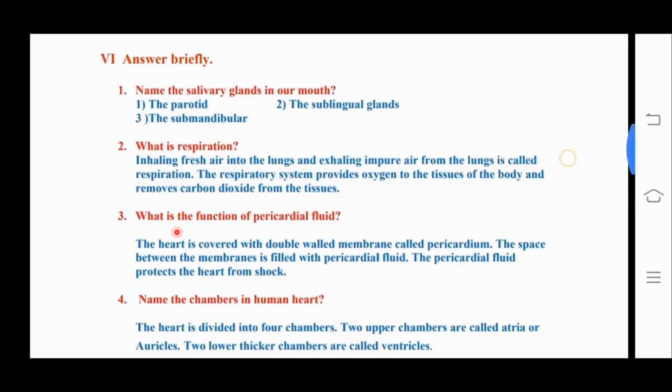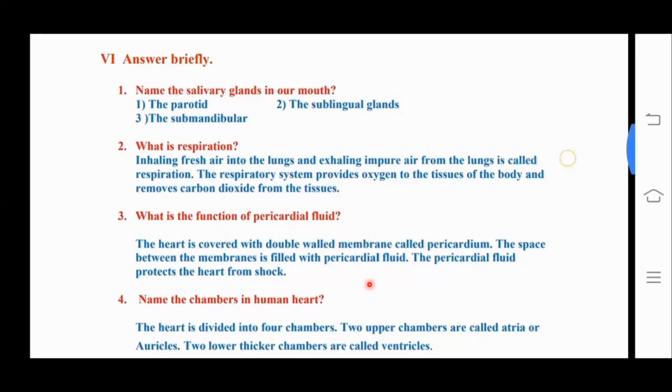And let's see what the function of pericardial fluid is. The heart is covered with a double-walled membrane called the pericardium.